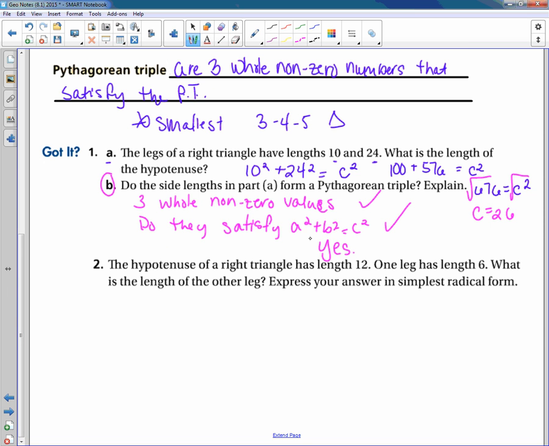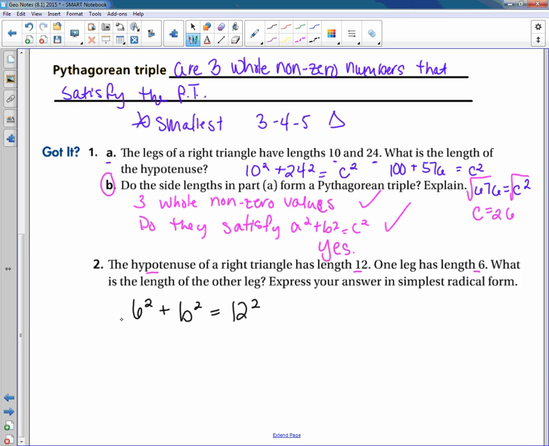The next example, we're given the hypotenuse of the right triangle is 12, and the leg is 6. And we'll need to find the other leg. So we'll say that 6 squared plus, and I'm just going to say b squared, you could use any variable here for the second leg, equals 12 squared.